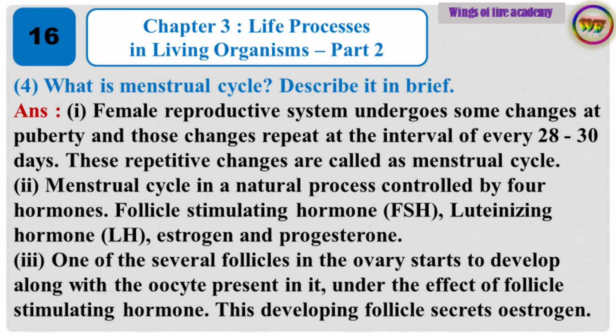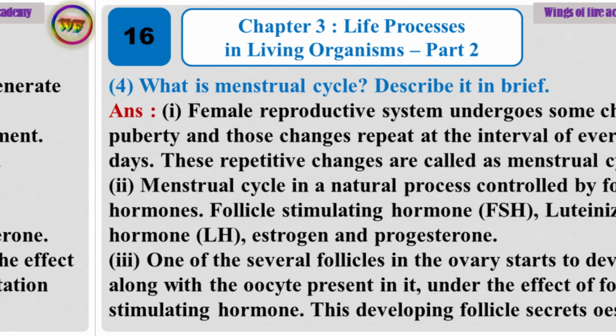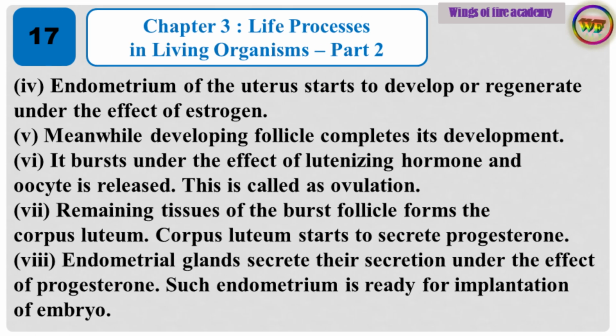Point 3. One of the several follicles in the ovary starts to develop along with the oocyte present in it under the effect of follicle stimulating hormone. This developing follicle secretes estrogen. Point 4.